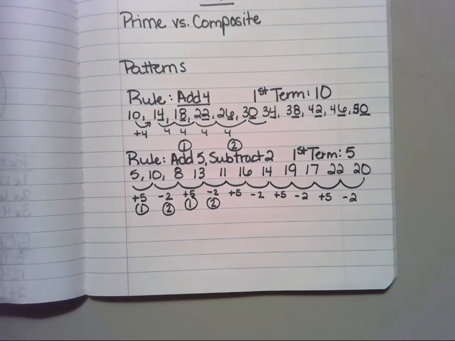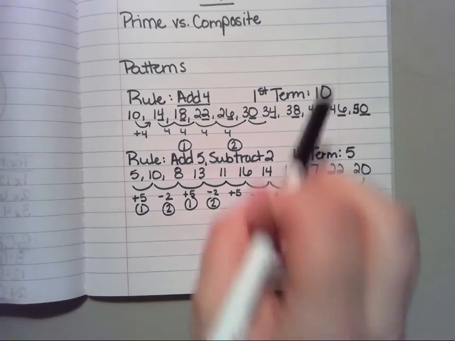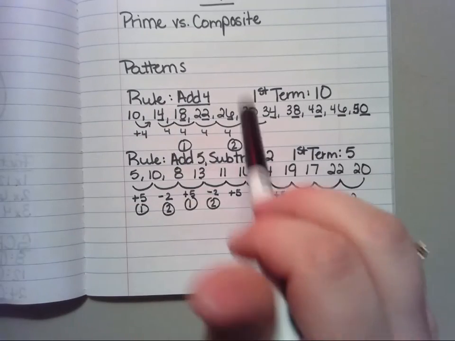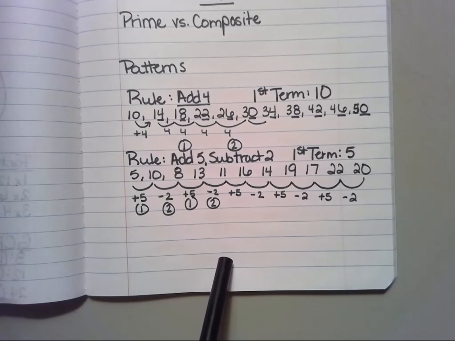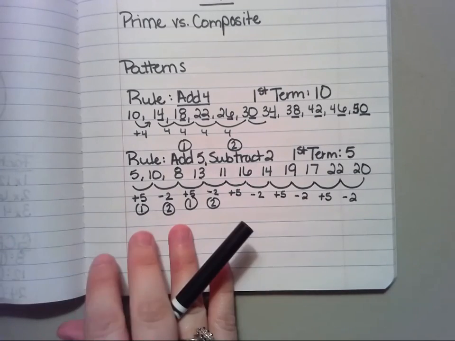Your assignment and a quiz are both happening tomorrow. If you did not get this finished today, you will be in study hall tomorrow. If you don't have your assignment done tomorrow at the beginning of class, you'll be in study hall. There will also be a quiz tomorrow at the beginning of class over this stuff I just covered.